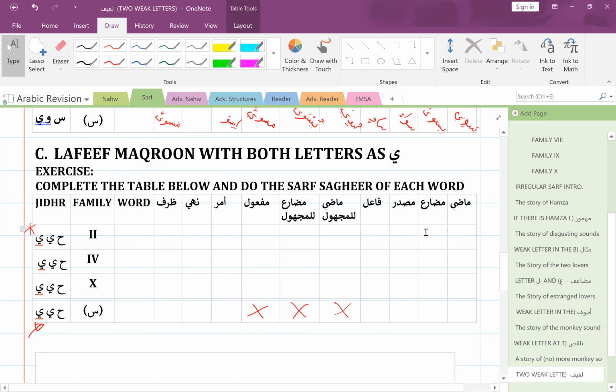It will be the same. Hayyaya. Yuhayyiyu. Yu'allimu ta'liman. So, tahjiyan. Mu'allimun. Muhayyiyun.